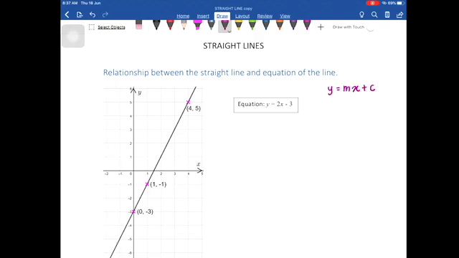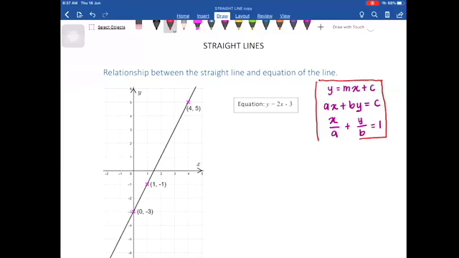The second one should be ax plus by equals to c. Dan lastly is the fraction, x over a plus y over b equals to 1. Okay, so hopefully you are capable to change kita punya straight line equation dalam 3 bentuk.